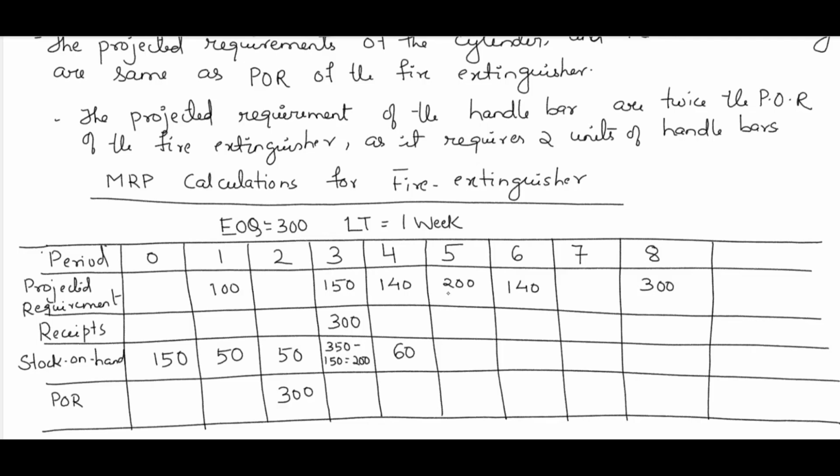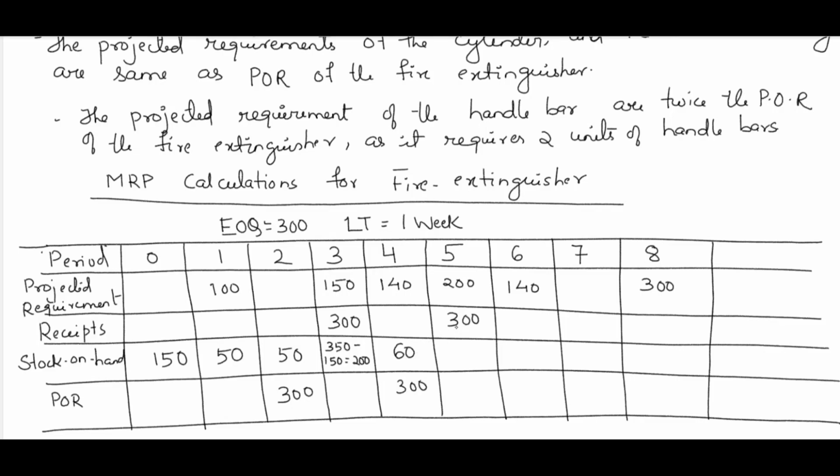Now again, if we go to week number 5, you can see that the demand is 200. We require 200 quantities, but we are having only 60. So again we have to order one week before, because we want to receive 300 in the fifth week. As lead time is 1 week, we will be ordering in the fourth week, so that we get a receipt of 300 in the fifth week.